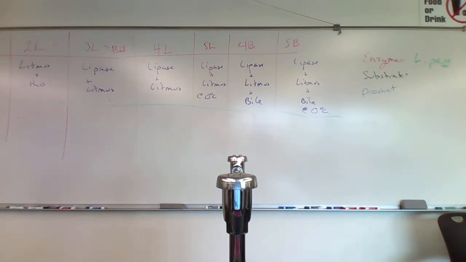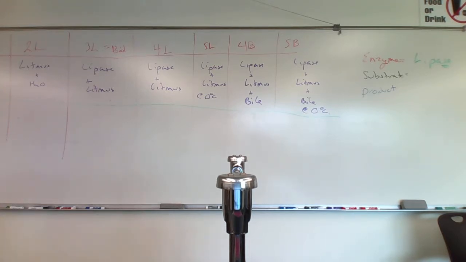So it's going to be like this bluish purple. The only ones that are going to be changed are going to be the 4B and 4L. So they're going to turn from a purple-blue to a pink or red. Okay, so those two are 4B and 4L.